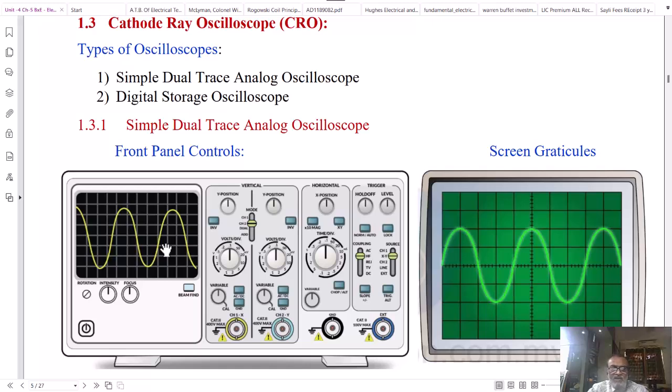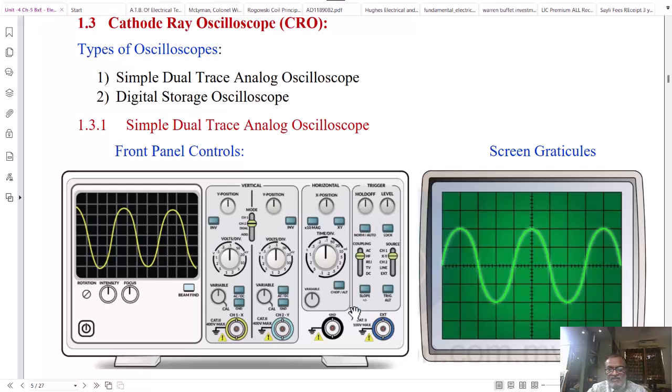How the time and voltage will be measured, that we will see next. Whereas here there is an X position potentiometer. By changing this X position potentiometer position, we can move the trace horizontally.